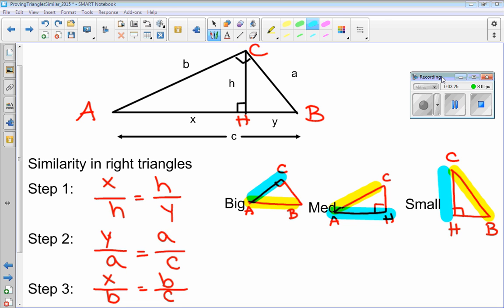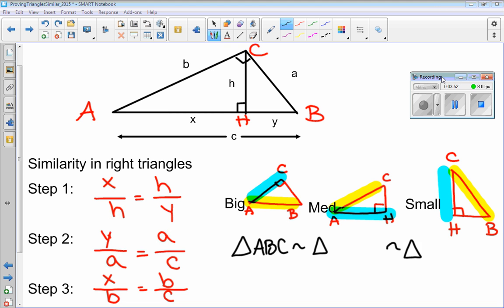Because I want us to write the similarity statement, triangle ABC is similar to which triangle? I want us to write kind of an extended similar statement. And using the colors and what we've highlighted, I want us to figure out what corresponds to what. So if the big triangle is triangle ABC, what would the medium-sized triangle be?